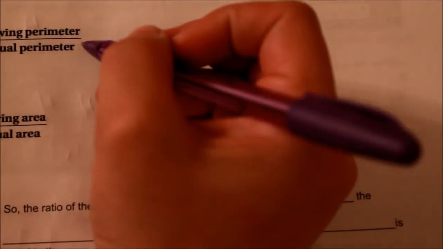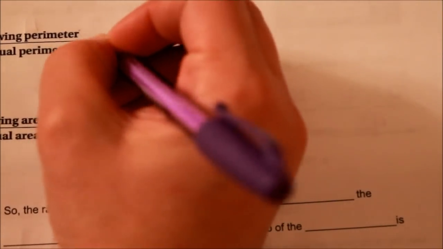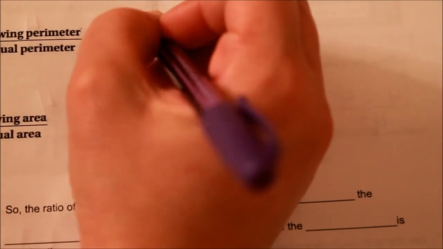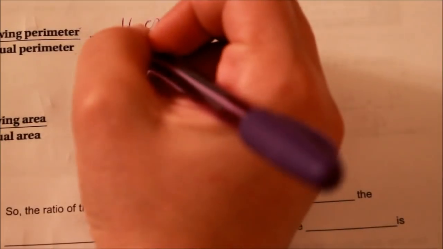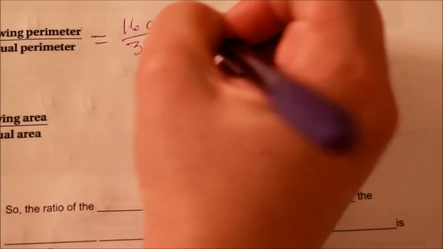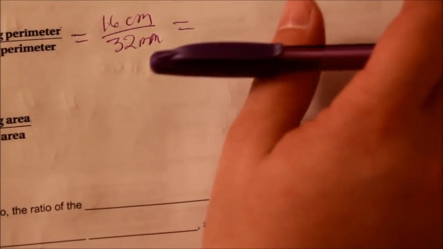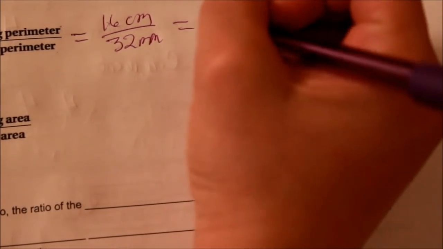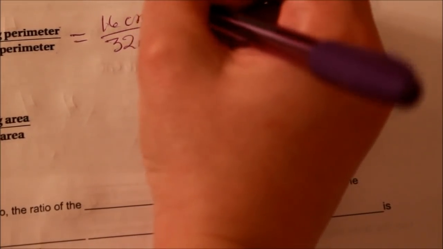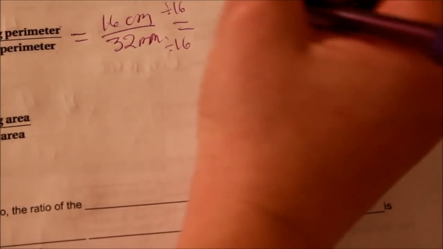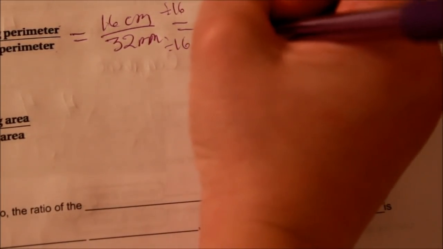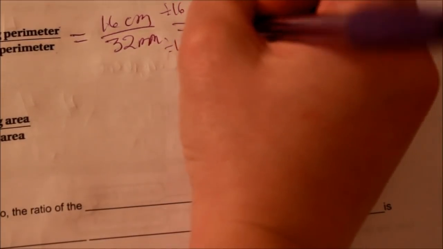Now, the drawing perimeter to the actual perimeter. The drawing perimeter was 16 centimeters. The actual perimeter was 32 millimeters. If we were to reduce this, we would divide this by 16 and divide this by 16. We could get 1 centimeter over 2 millimeters.